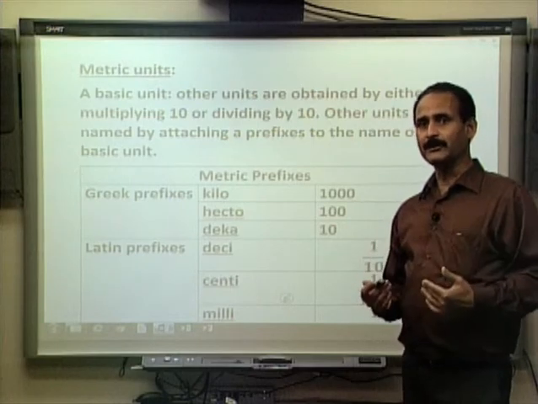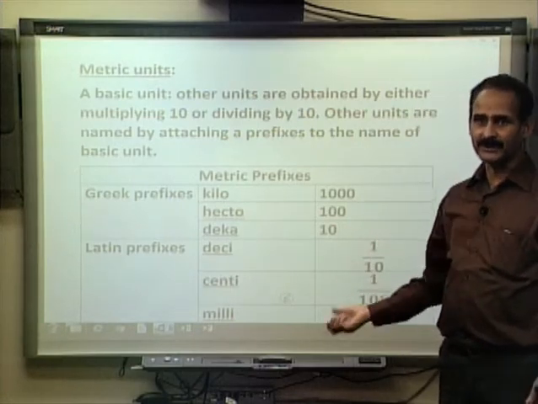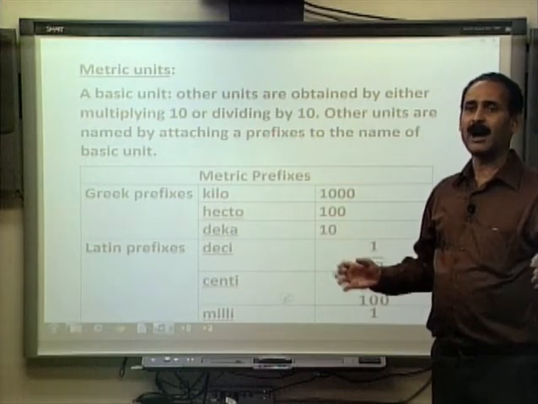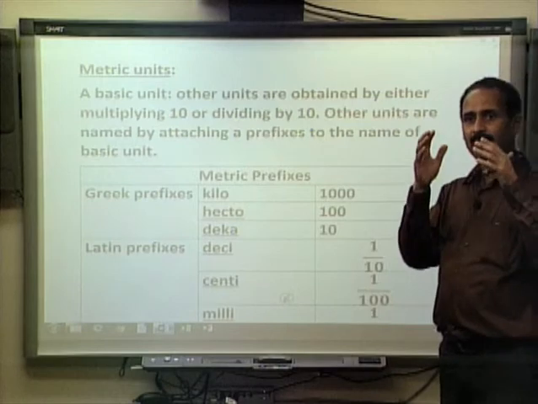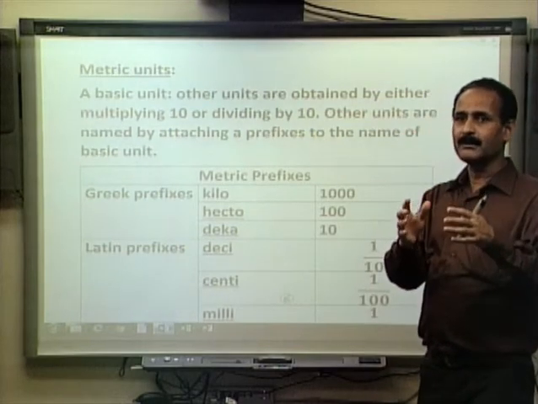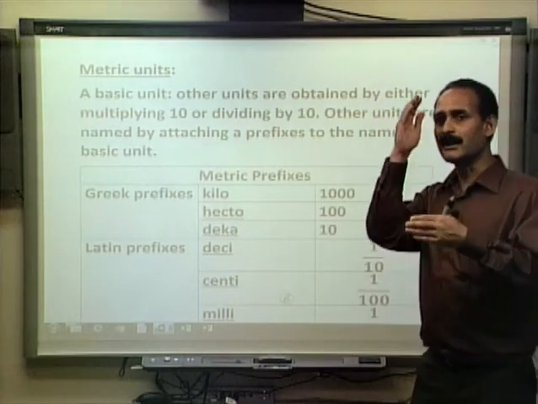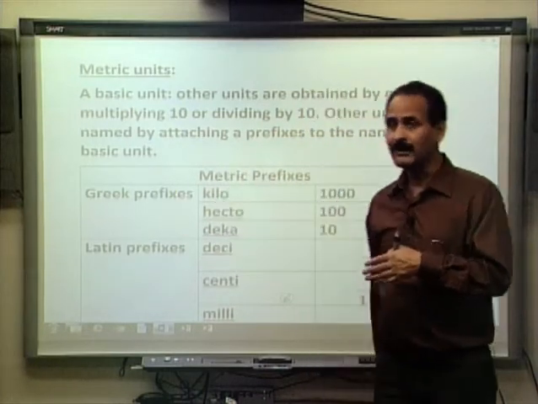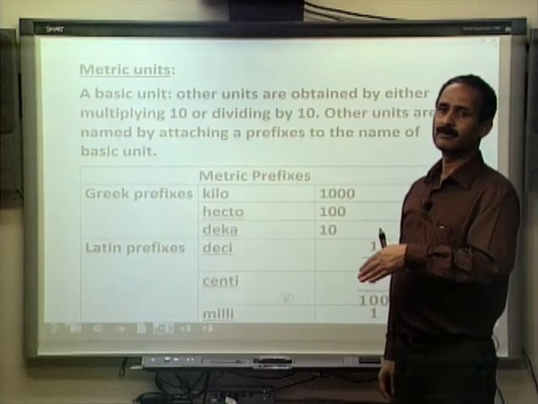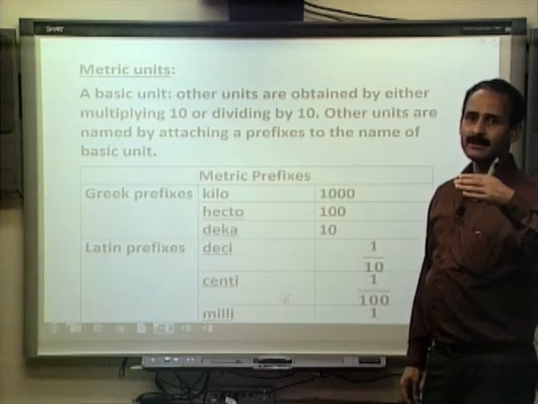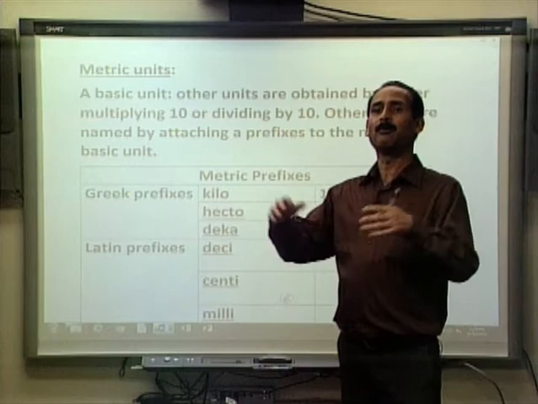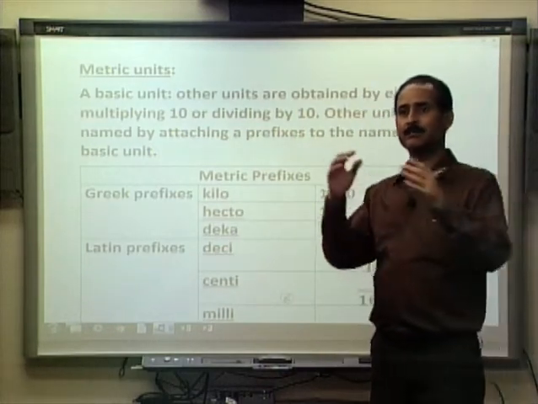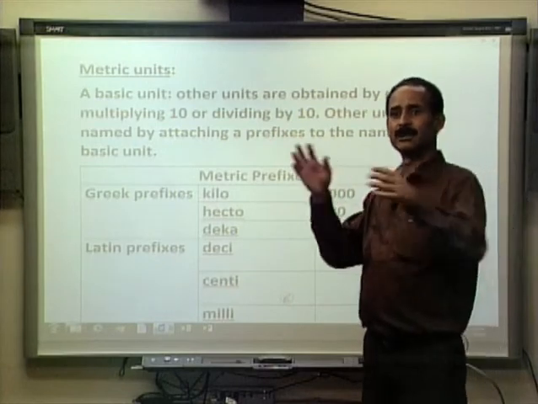So, in metric unit system we will have a basic unit, and other units smaller or bigger are obtained from the basic unit either by multiplying the basic unit by 10 or dividing the basic unit by 10 or some powers of 10. Powers of 10 means multiplying by 100, multiplying by 1000, multiplying by 10,000 and so on.